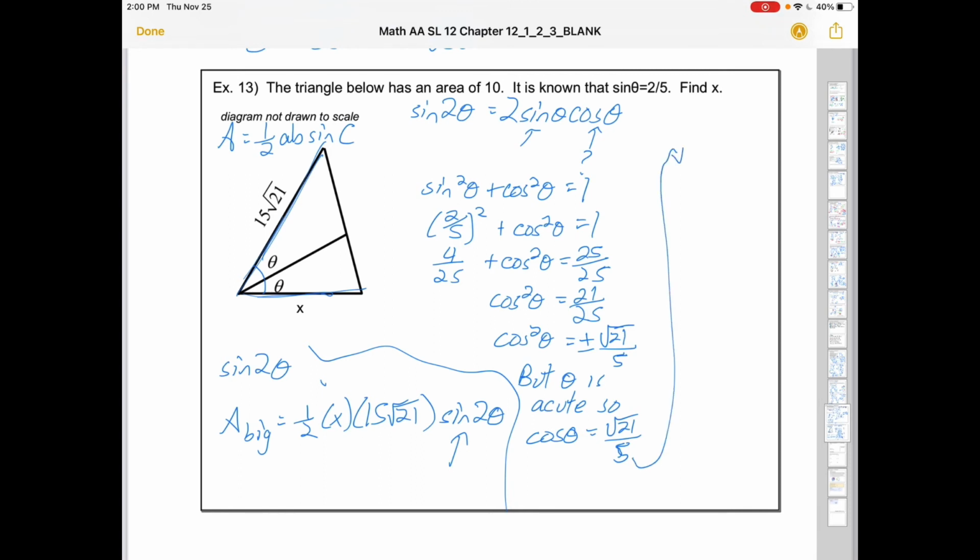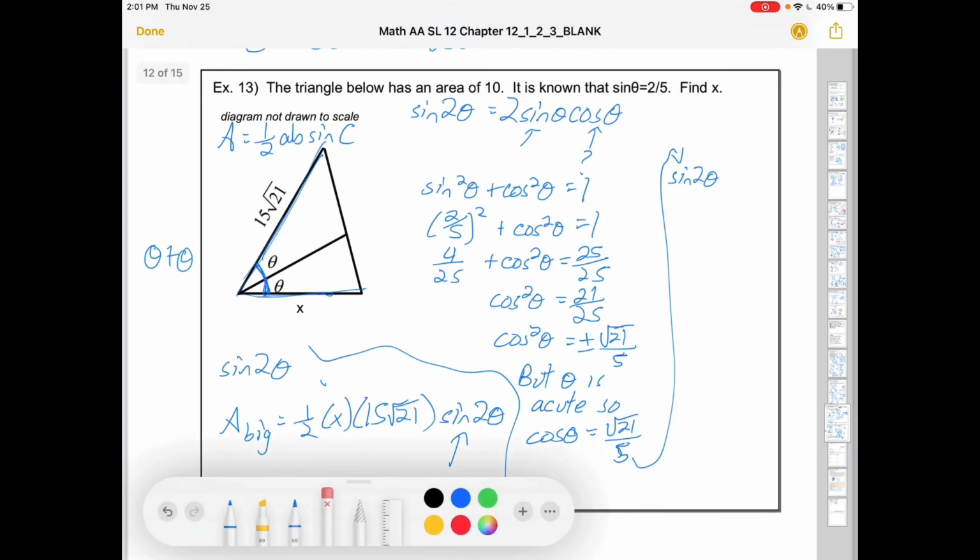Once I know this, I can find sine 2 theta, which was part of the big triangle. And again, the reason this is sine of 2 theta is because it's one theta plus another theta, and they both have the same variable, so they have the same value as a number when we figure this out.